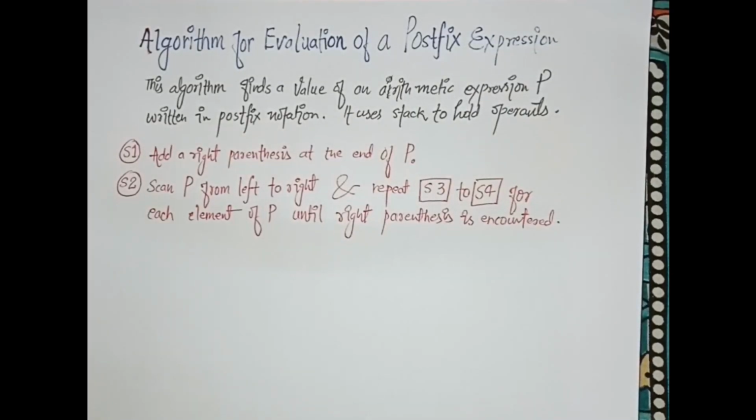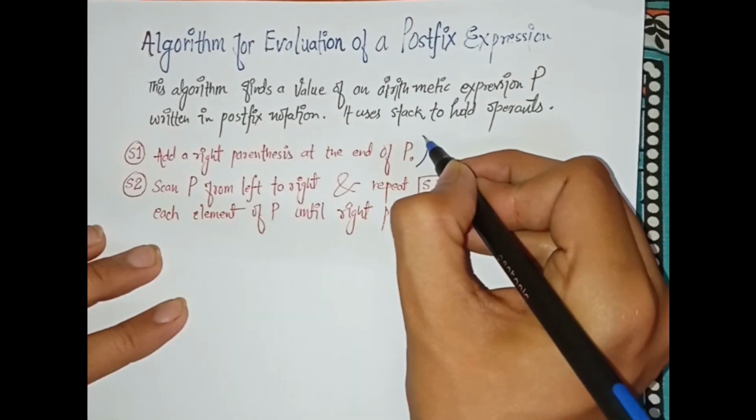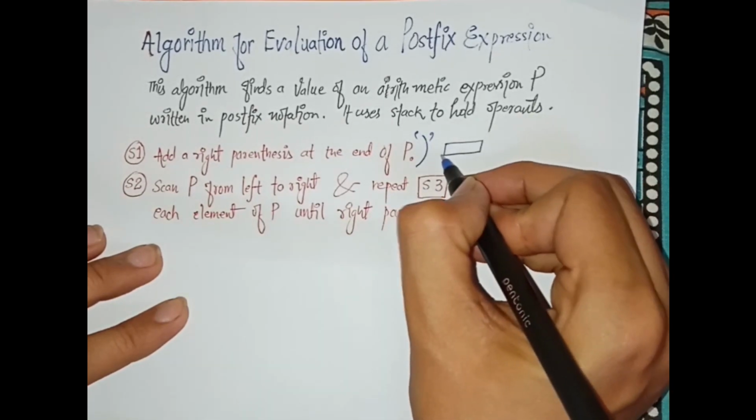Okay, so let's quickly look at the steps needed to be followed. The very first step is to add a right parenthesis at the end of the P statement. It means that you have to add this symbol just after the full notation given in the question.